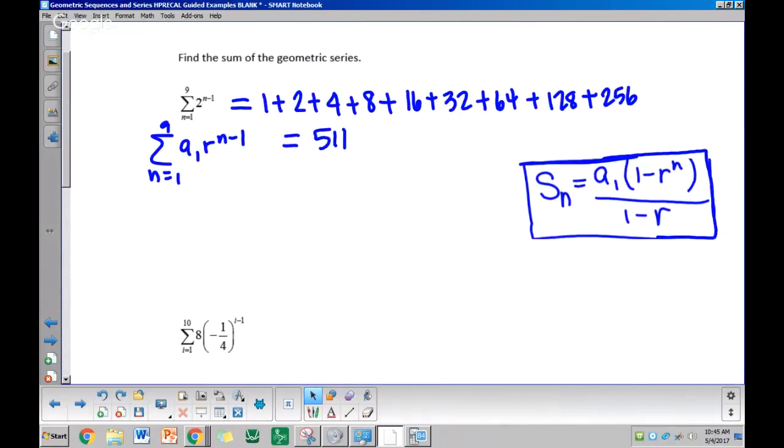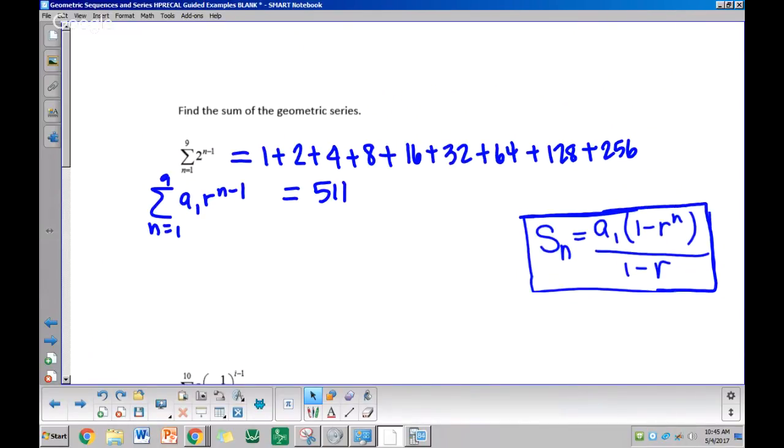If I lock it, then things don't work nicely. All right, so what are we going to do? And how many terms do I have? 9 minus 1 plus 1, which is 9. So we want S sub 9.